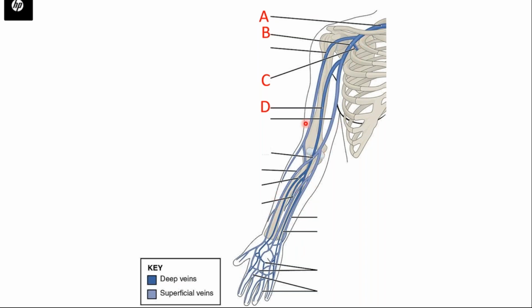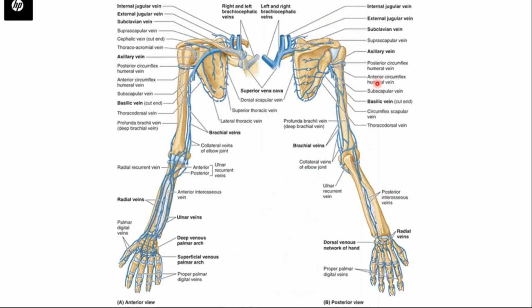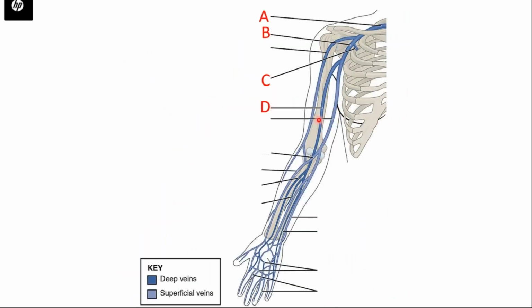So you try to figure out the names of the other veins using this template, or any other template which you can find from your book. Try to find out the names for each one of them, and remember the clue: the light blue ones are the superficial veins and the dark blue ones are the deep veins.